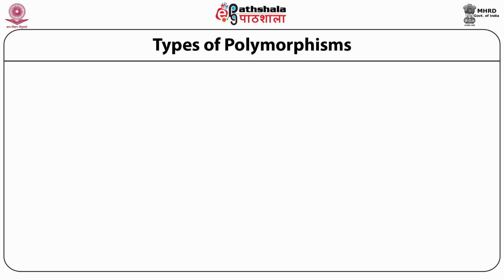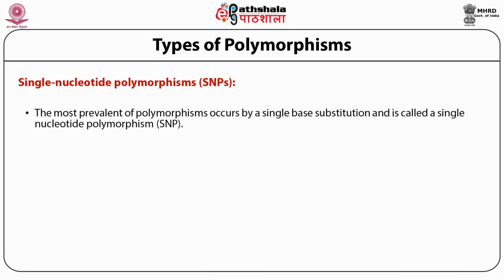Then we have the types of polymorphisms. First is single nucleotide polymorphisms, that is SNP. The most prevalent of polymorphisms occur by a single base substitution and is called a single nucleotide polymorphism, that is SNP.